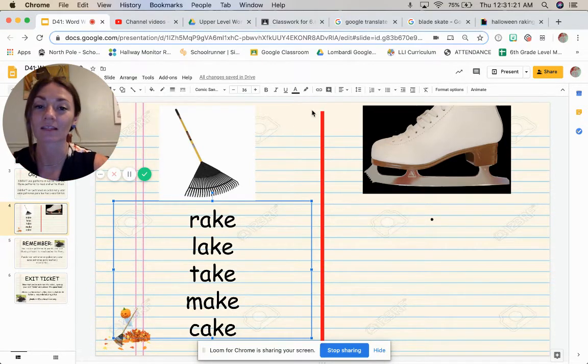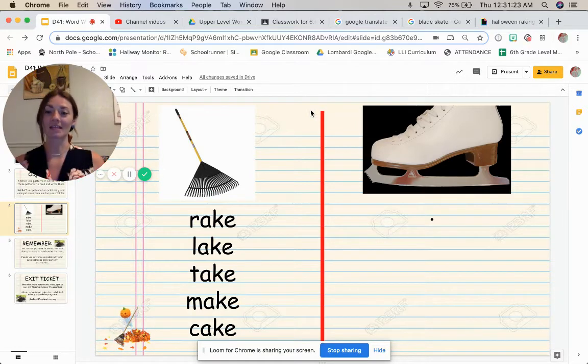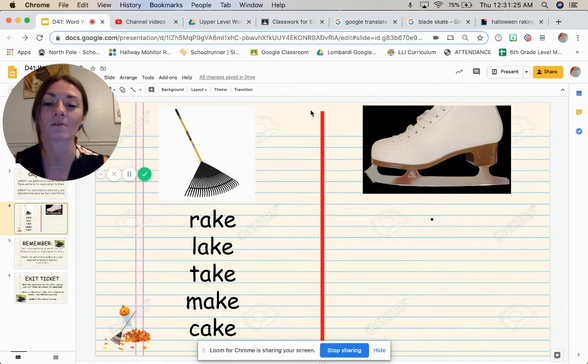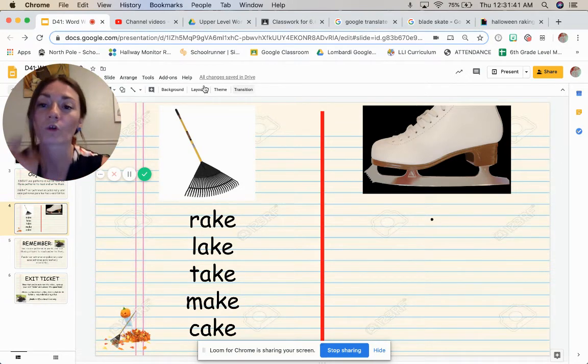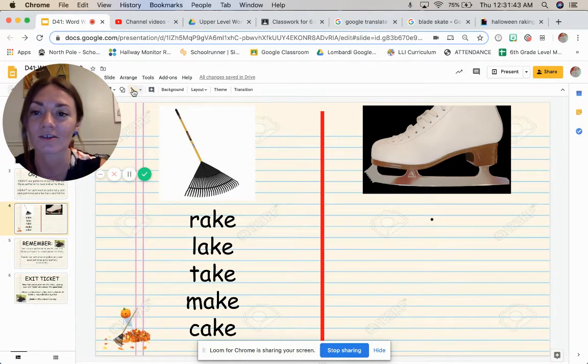So let's read all of our words in this column together one more time. Ready? Rake, lake, take, make, cake. Awesome job. That is one word pattern that we just learned.